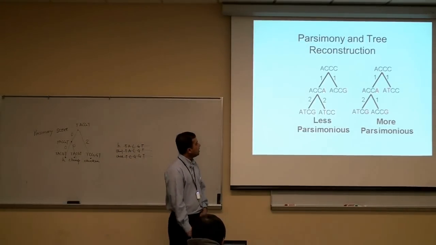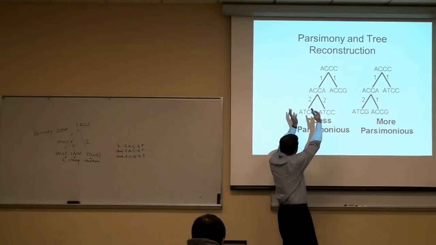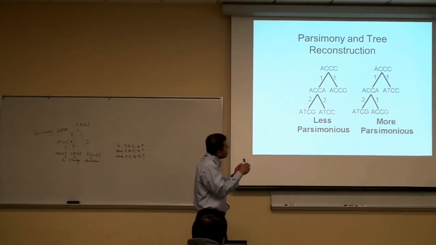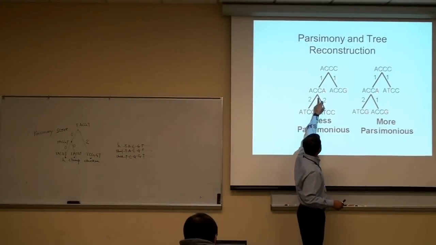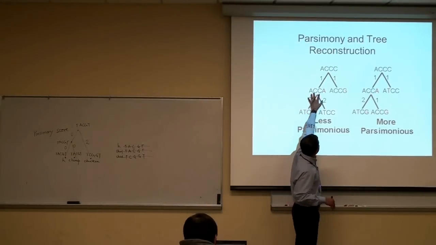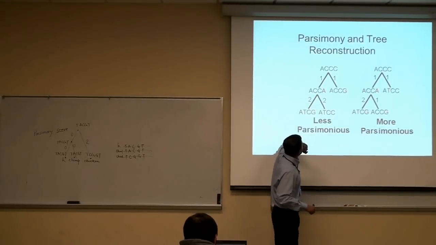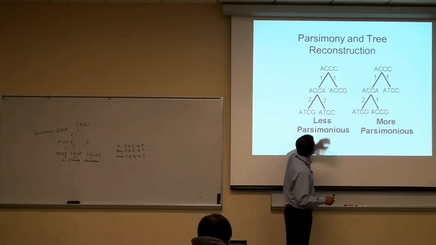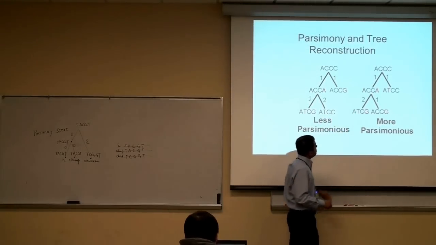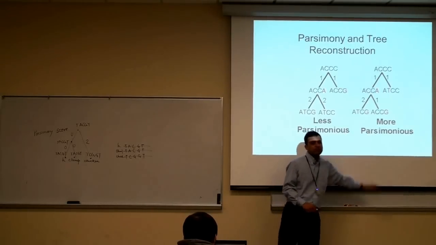By a guess, we mean what's the topology of the tree relating them, and what are the internal node sequences. And once you've guessed what happened at the internal nodes, you can easily count the number of mutations: 2, 2, 1, 1. So that's 6 here, and there's 5 here. So this is more parsimonious, fewer mutations.